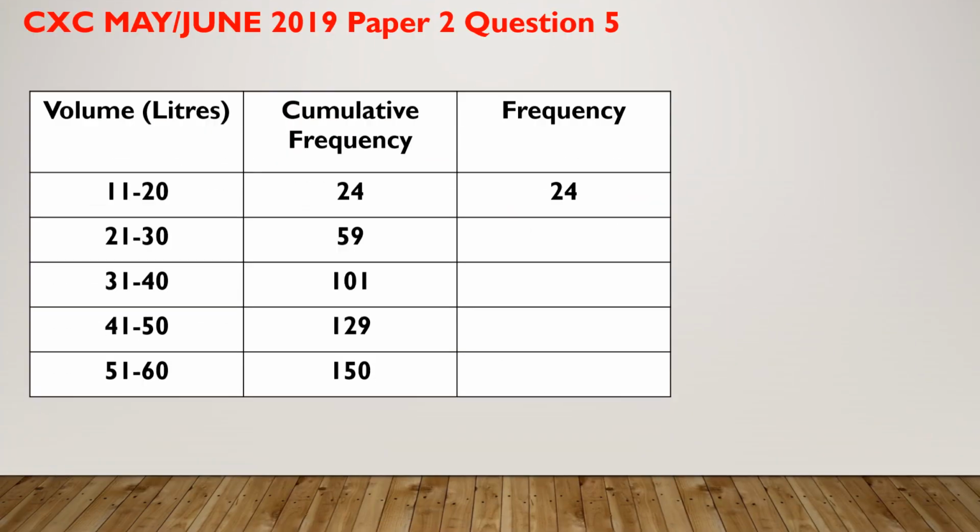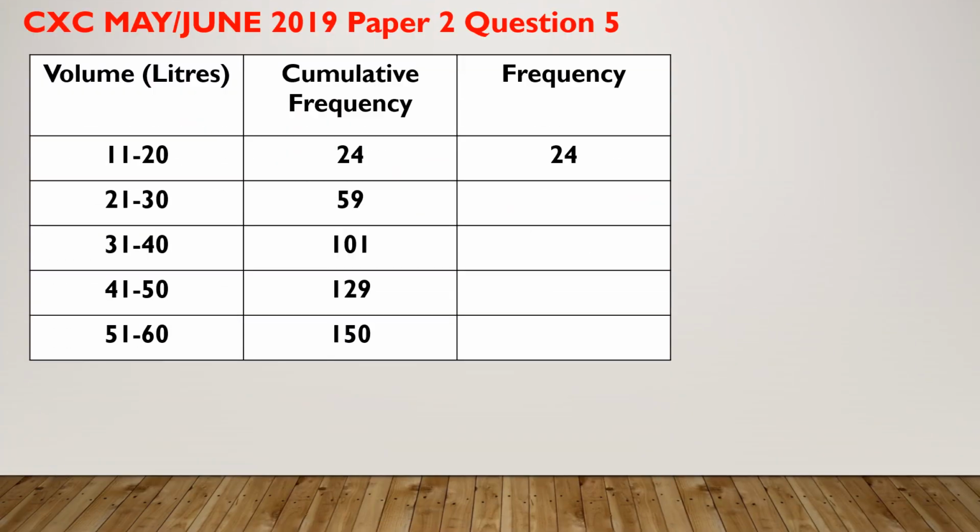The last part of the question is to draw a histogram. So we would need to get the frequency information. We have the table from before, the volume and the cumulative frequency, but we need to get the frequency. The first value is going to be 24 for the frequency.